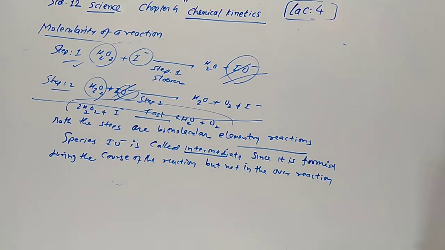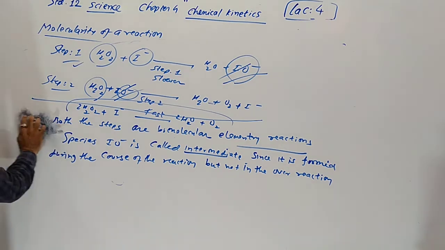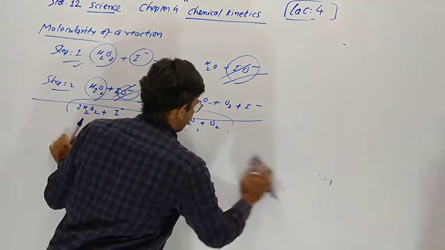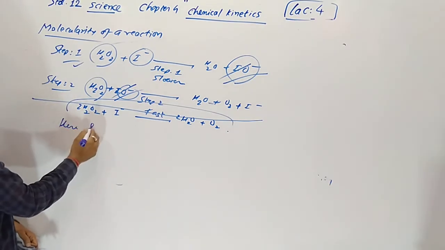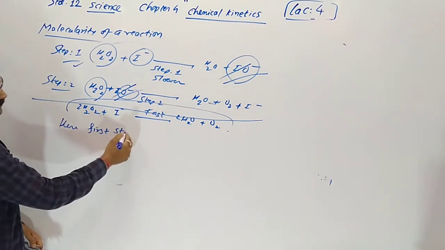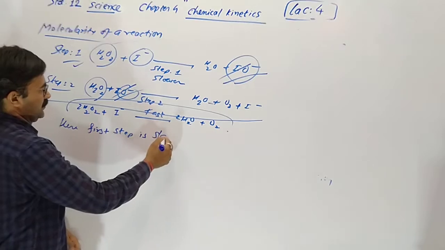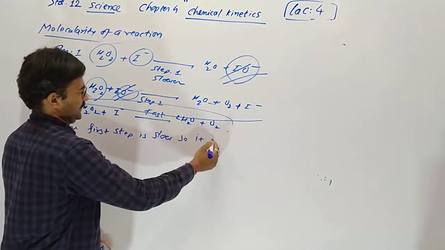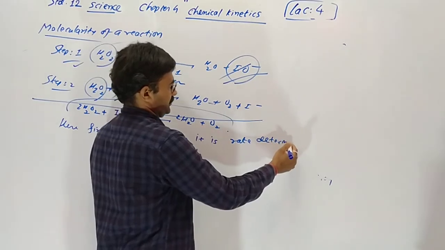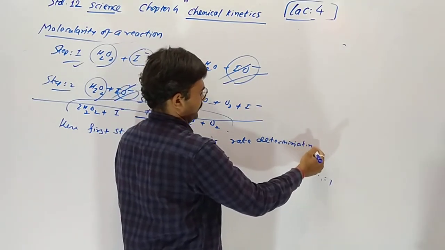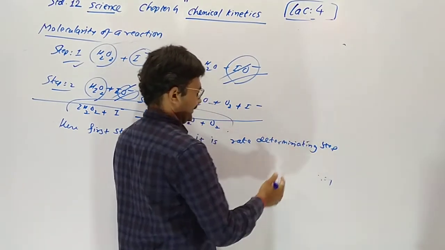The first step being slow is the rate determining step. Here the first step is slow, so it is the rate determining step.